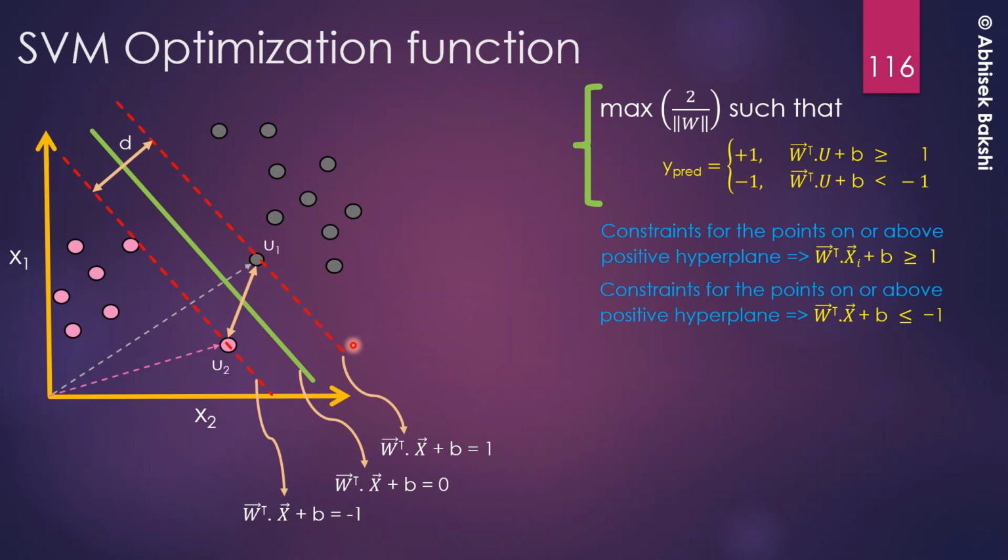There will be no point available below this red straight line, as well as no point available above this other red straight line.